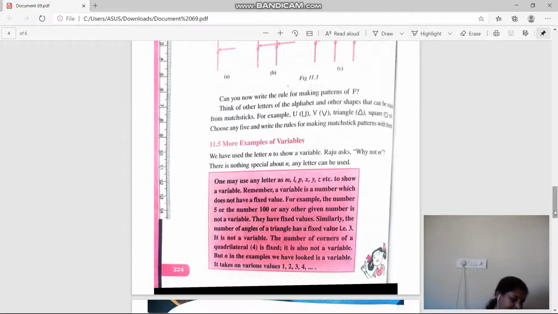But n, the example we have looked at, is a variable, so it takes various values. If we take a triangle, it has only 3 corners or 3 sides. A quadrilateral has 4 sides or 4 corners, fixed. Now let's see page number 225.